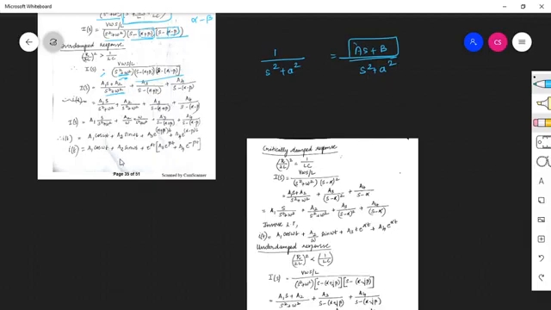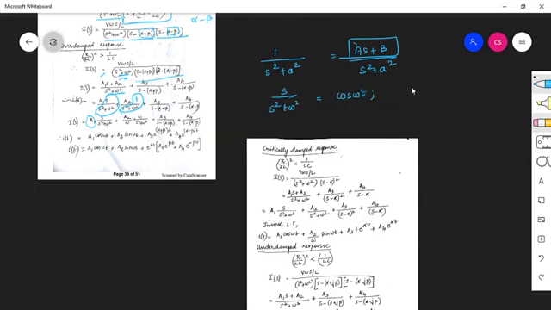On taking the inverse Laplace transform, for the first term a1 remains constant, and we have s by s square plus omega square. Second term, a2 is constant, and we have 1 by s square plus omega square. For the third and fourth terms, we know it is the e power at formula. Now for the first term, s by s square plus omega square, the inverse Laplace transform is cos omega t.